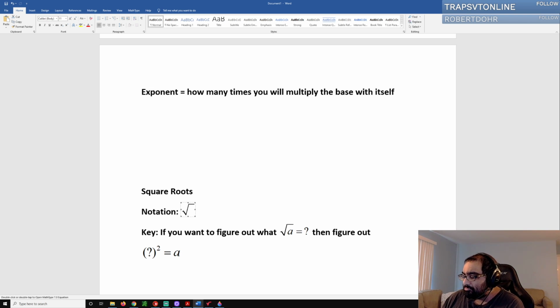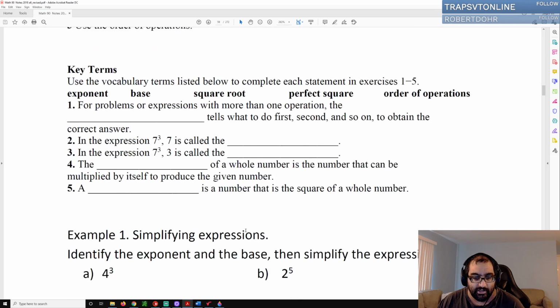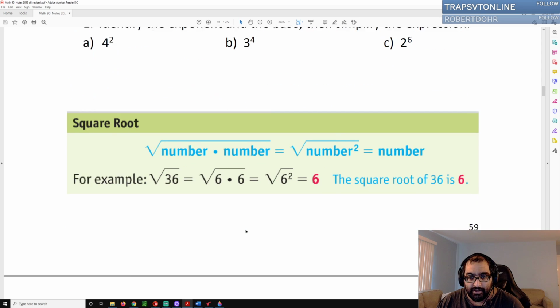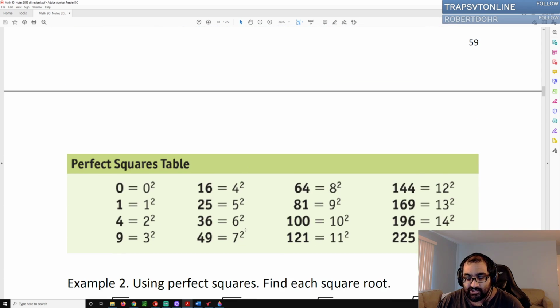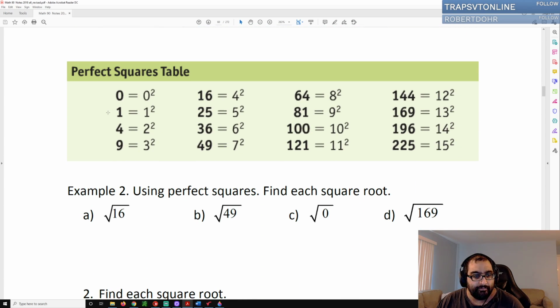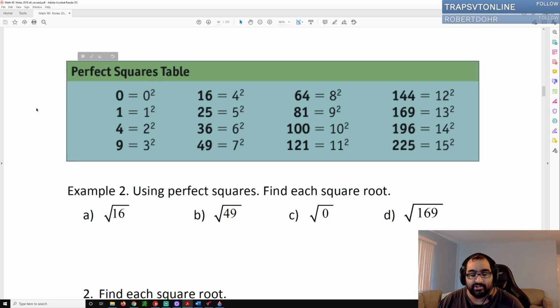So what does that require us to do? Well, let's take a look here at the handout. The handout here will prove to be very helpful in this case. And we're going to be on page 60. And if you take a look here, here is the perfect squares table.